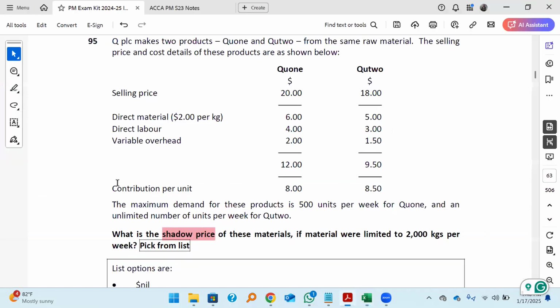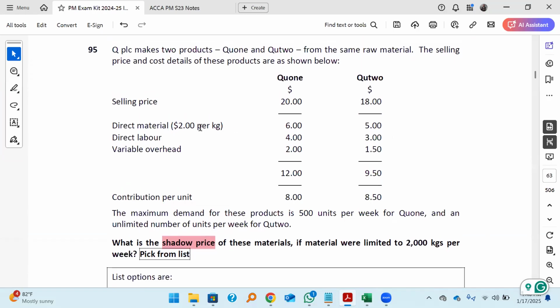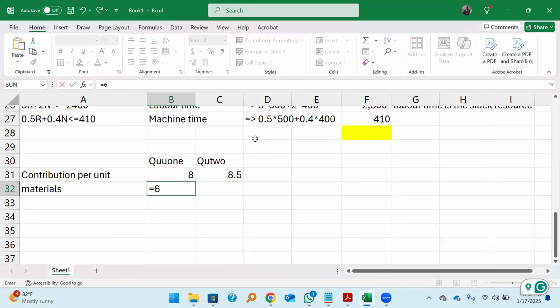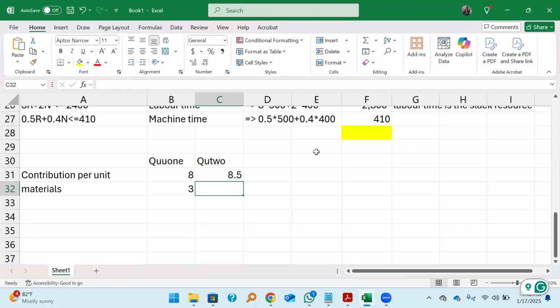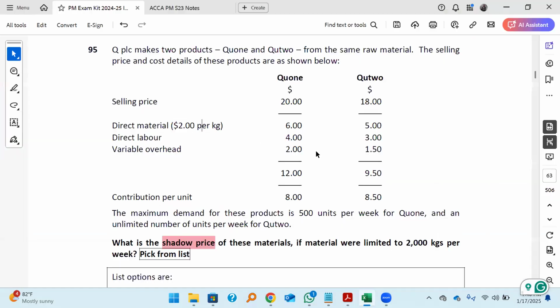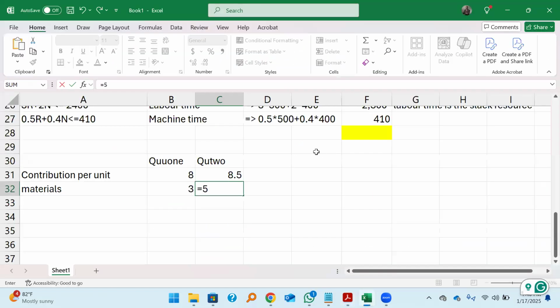In this case, actually, you don't have to do this because you can clearly see from here how many kilos they both need. If this is $6 and each dollar is 2 kilograms, it means that if you divide 6 by 2, you get how many kilograms? And the same thing here, 5 by 2.